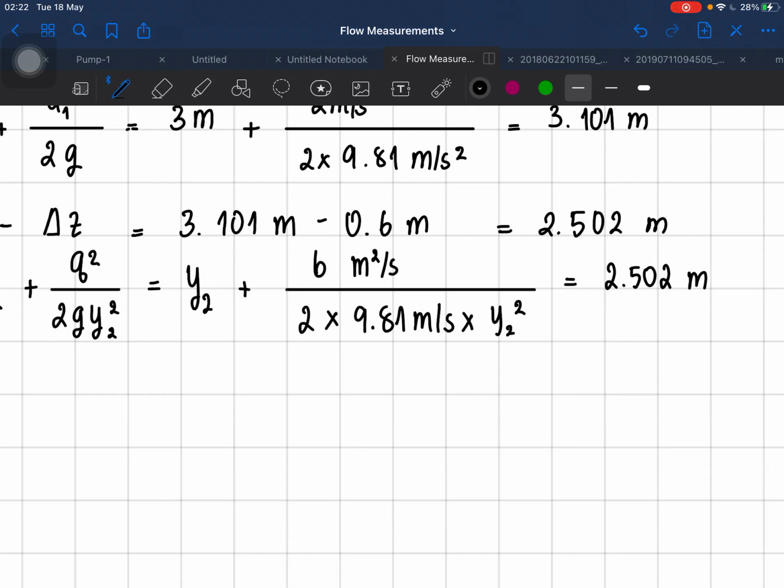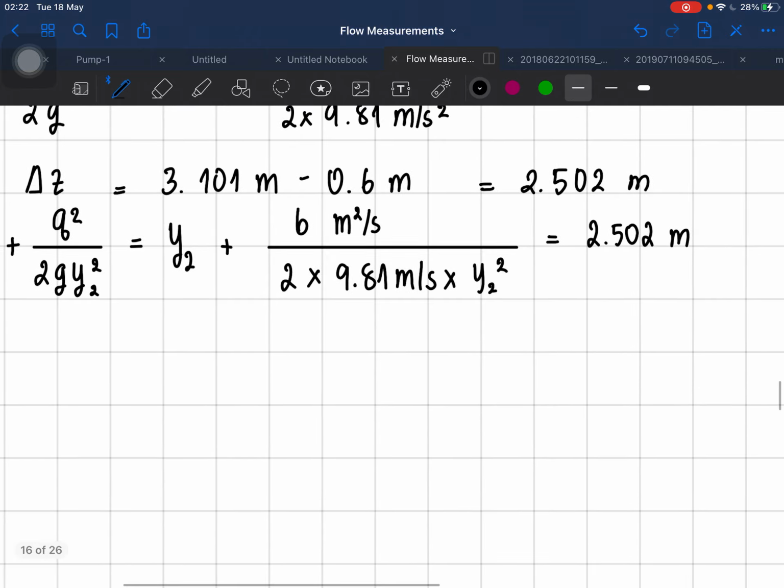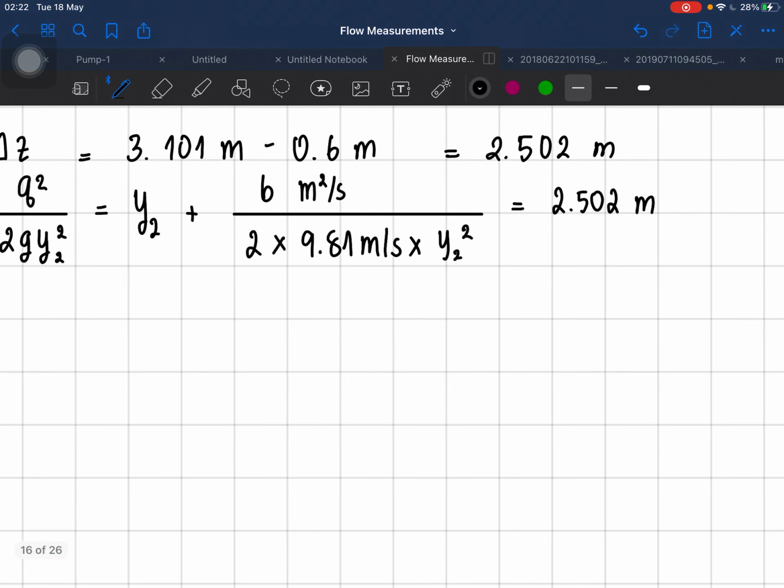I'm afraid the solver is not doing its job because it's giving me a minus. So now let's go with the manual way that we've always been doing.